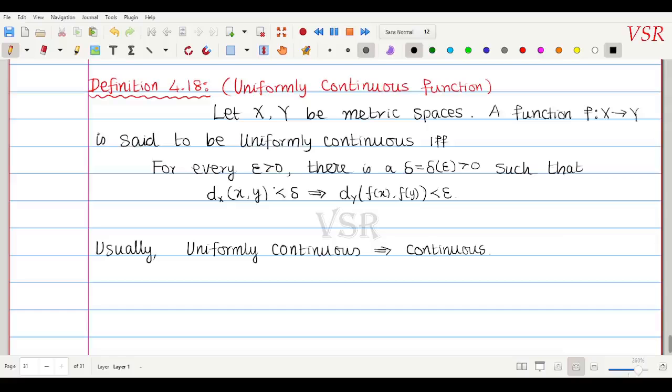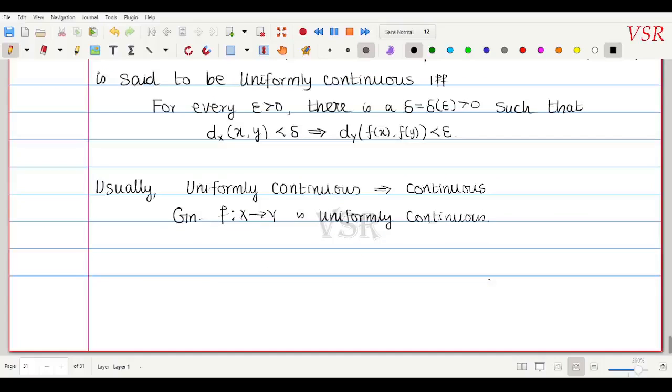So uniformly continuous functions are all continuous. This is very simple. This is not really a proof, but let us write it like a proof. So given f from X to Y is uniformly continuous, now let us prove that.